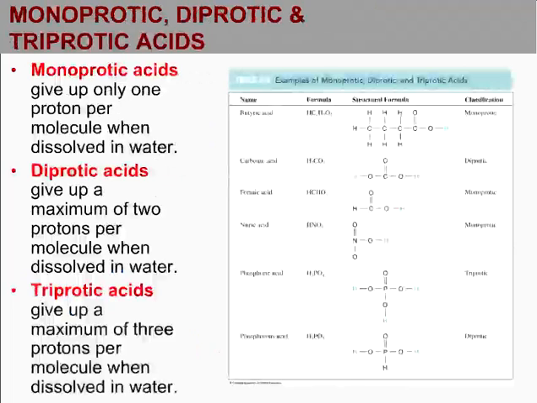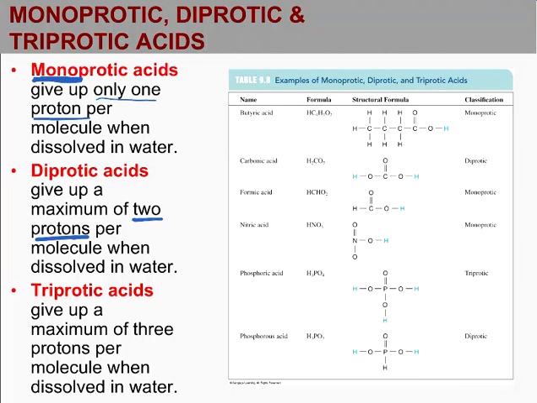So monoprotic acids give up only one proton per molecule when dissolved in water. So mono means one. Diprotic acids can give up a maximum of 2 protons per molecule. So again, di equals 2. And triprotic acids can give up a maximum of 3 protons per molecule. So tri means 3.